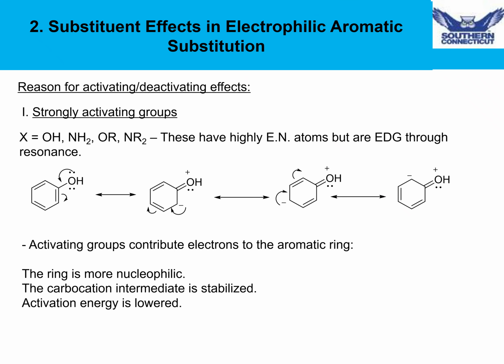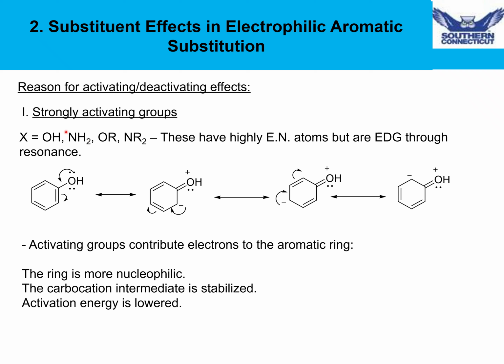Let's now go through several examples of functional groups and how they are categorized as far as activation of the aromatic ring. Functional groups that have an oxygen or a nitrogen directly attached to the ring will generally be considered strongly activating groups.